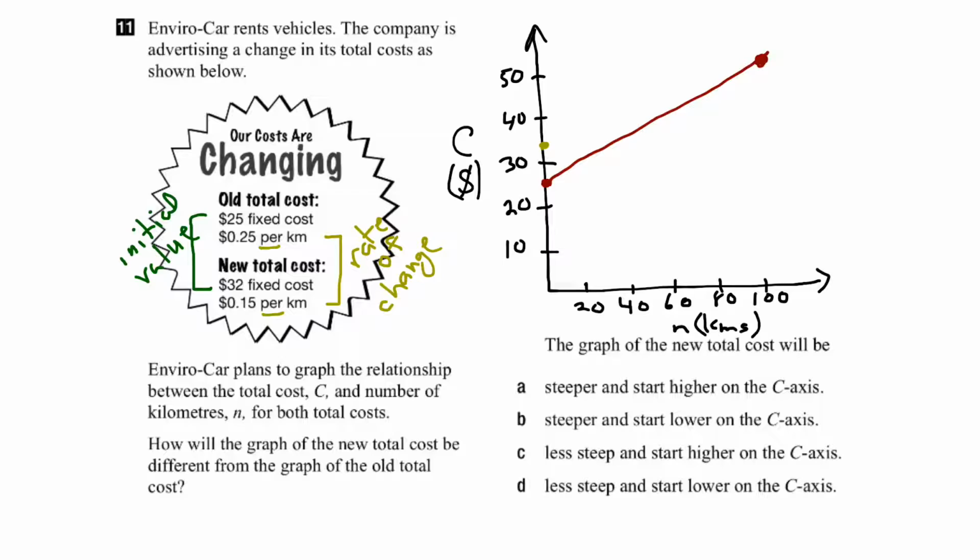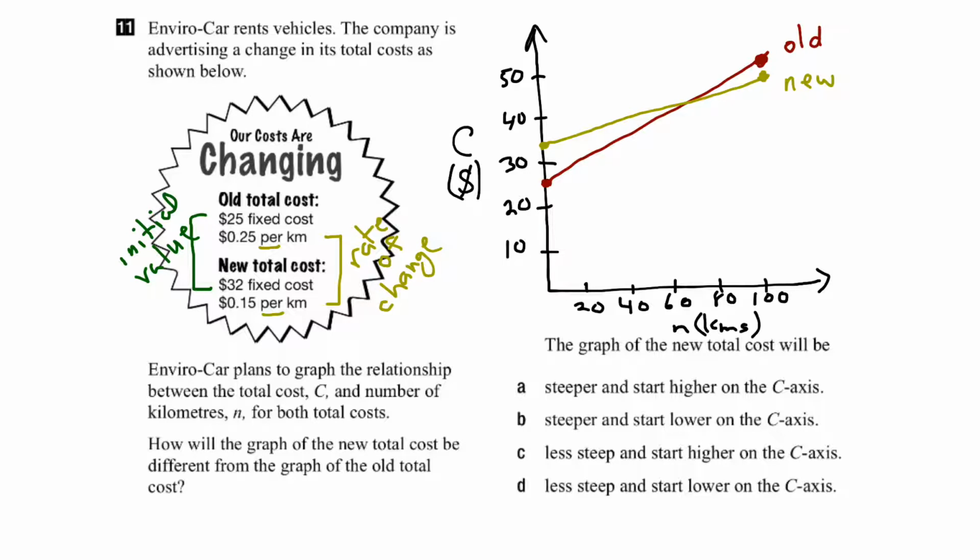So the total cost for that trip would be the 32 fixed plus the $15 kilometer charge, which would be $47. Or about there. And let's draw a line through those 2 points. So the yellow line is the new cost, and the red line represents the old cost.